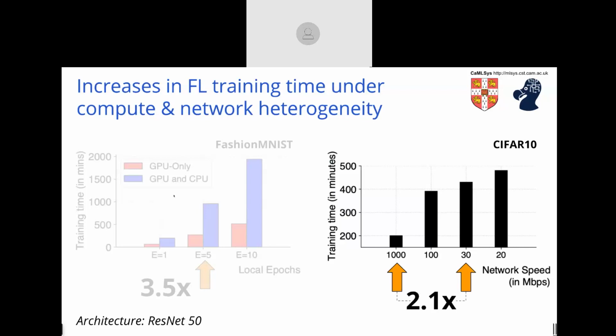In actuality, in real federated learning systems, they often will be connected using things like 4G. Now, 4G might have a speed of around, say, 30 megabits per second. You can see here the length of training time. It jumps up to 2.1 times when you simply have this reduction in network speed between your devices.